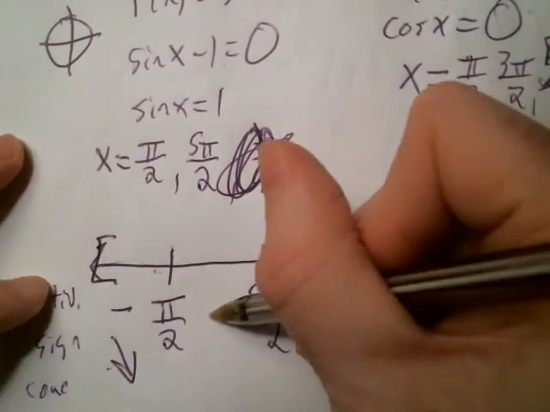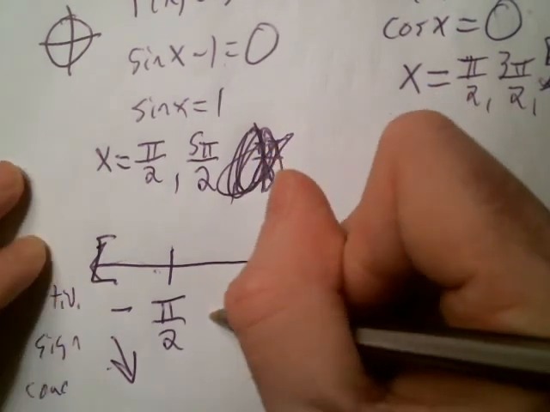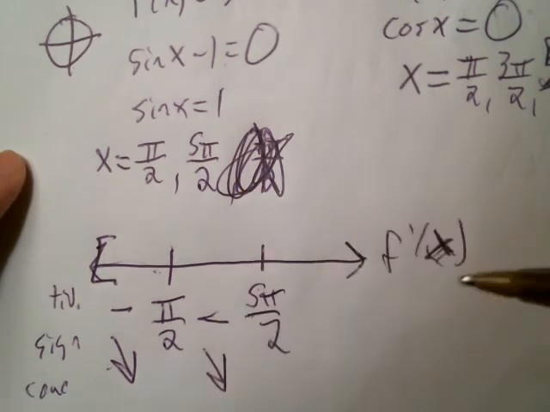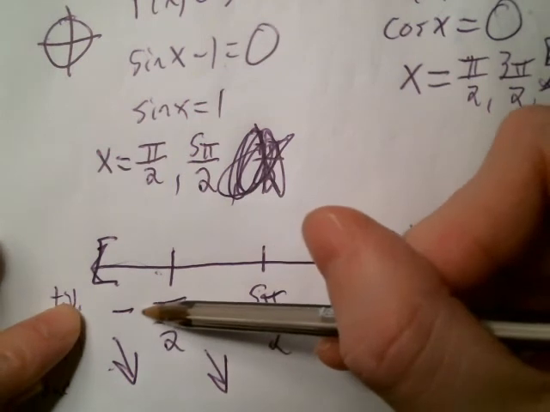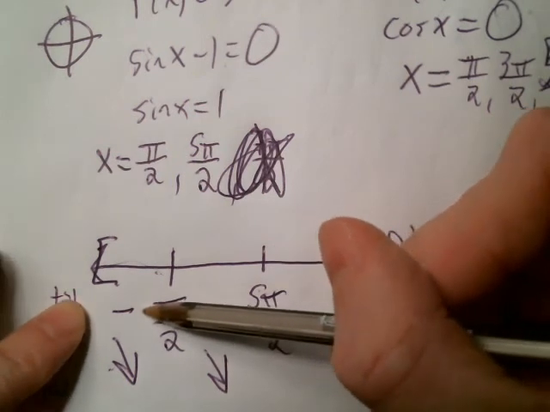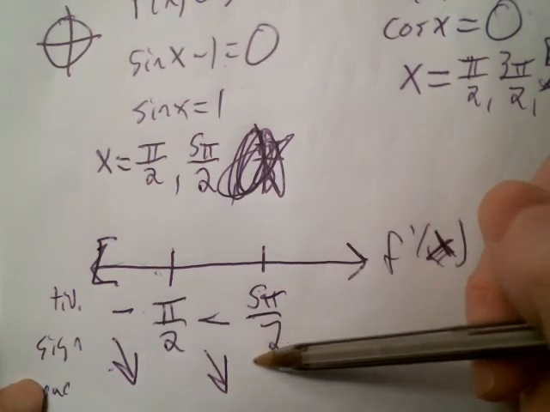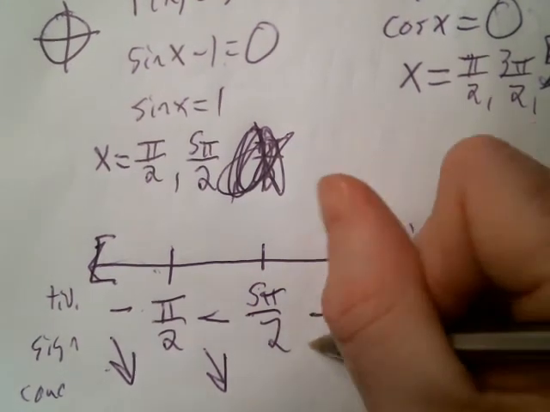And then if you try pi, sine of pi is 0, so that would be negative again. All right, and then let's try 6 pi over 2. That's 3 pi. That's 0, so that's negative as well.